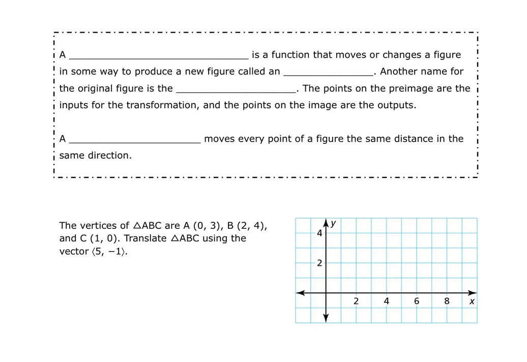Okay, in this box, we've got some vocab that we're going to talk about here. First up, we already talked about this word at the beginning of the lesson. We're going to see this word a lot throughout the chapter because that's what this chapter is all about, transformations. A transformation is a function that moves or changes a figure in some way to a new figure that's called an image.